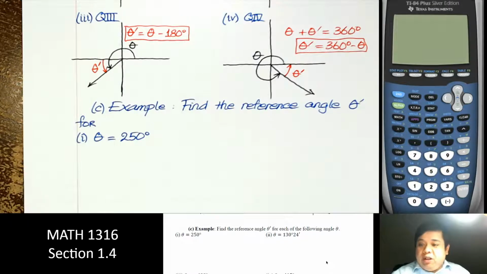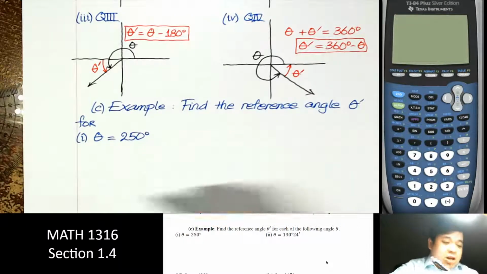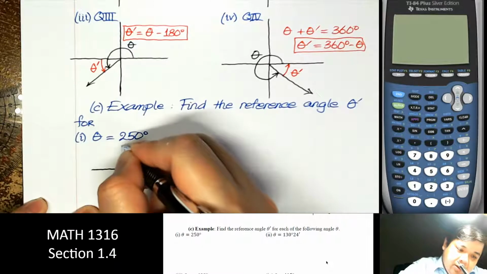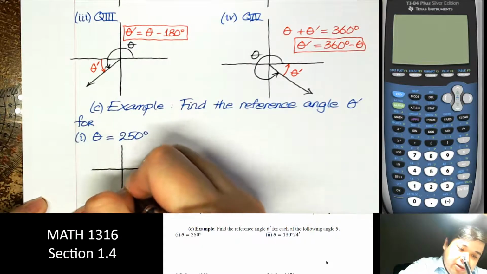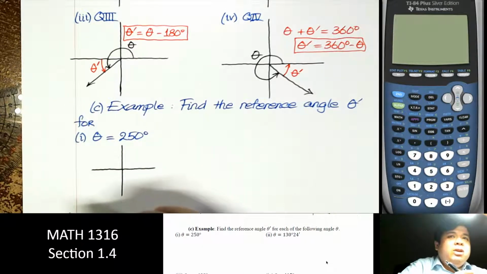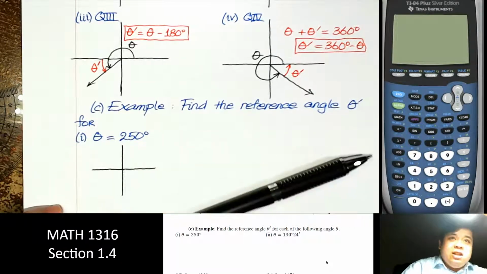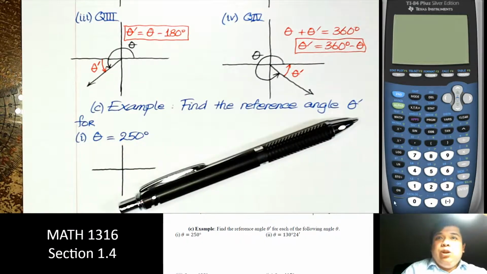So for 250 degrees, what do we have? Just trying to draw that. So 250 degrees. Let's say we use the calculator, 250 divided by 360.